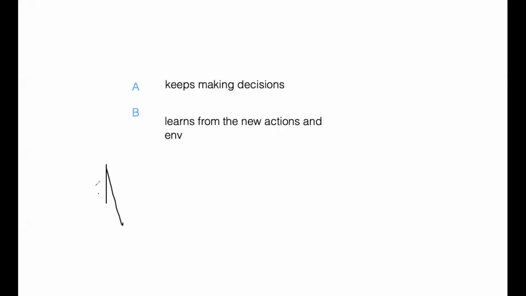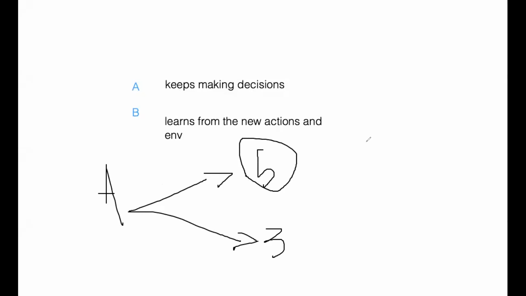At state A, we have two options. The first option has a Q value of 5. The second option has a Q value of 3. The advantage actor-critic model will not try to estimate this 5. It will try to estimate 5 minus 3. So it will try to estimate how much I gain by taking this action over taking other actions.